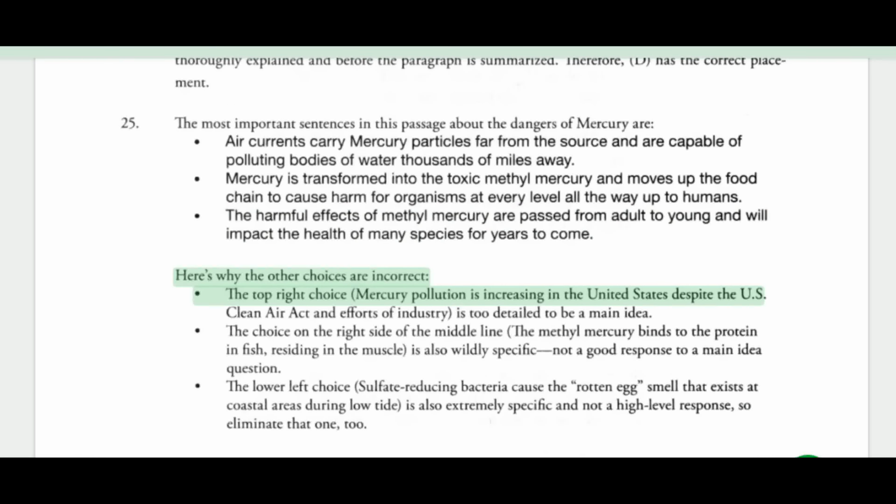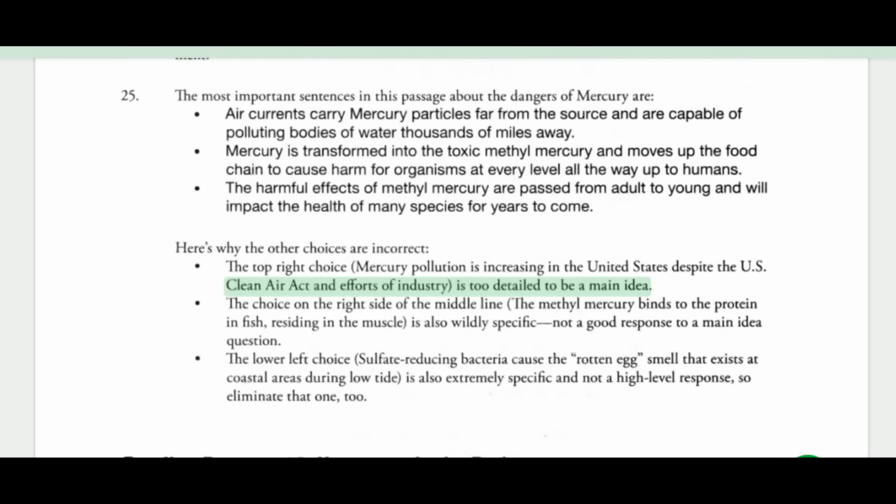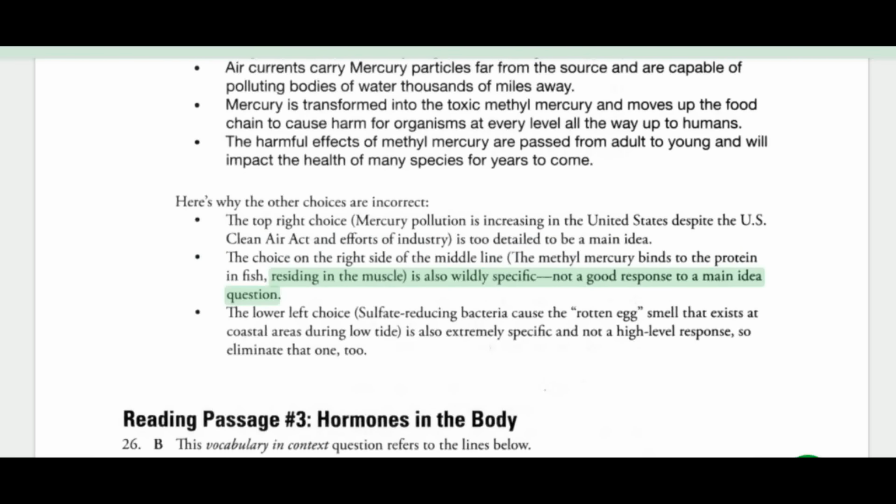Here's why the other choices are incorrect. The top right choice, "Mercury pollution is increasing in the United States despite the U.S. Clean Air Act and efforts of industry," is too detailed to be a main idea. The choice on the right side of the middle line, "The methyl mercury binds to the protein in fish, residing in the muscle," is also wildly specific, not a good response to a main idea question.